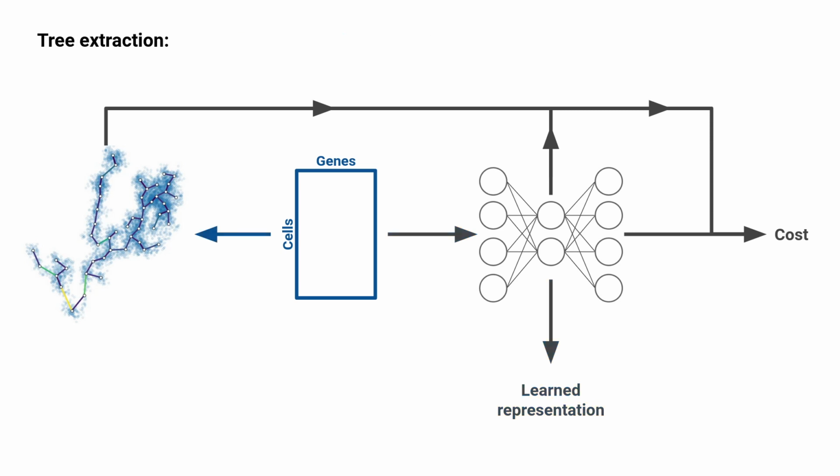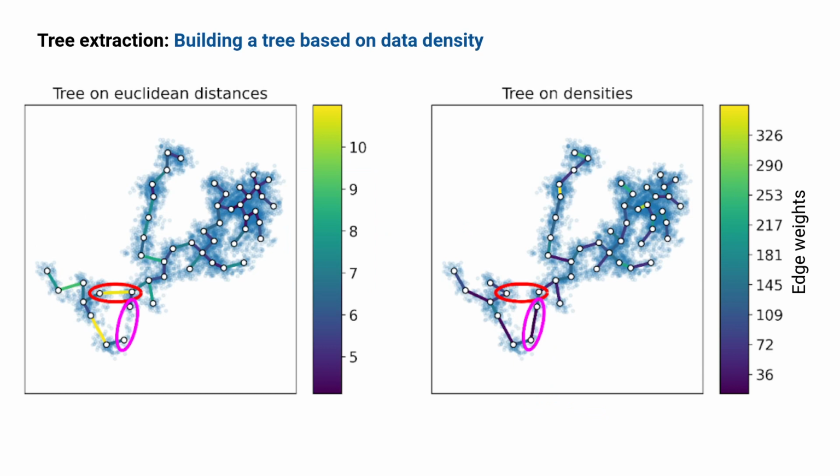Let's take a look at the tree extraction first. First, we need to build a tree based on the data density. There are different ways to build a tree on the data, and a crucial part of dimensionality reduction is to have a prior inherent topology of the data. But a tree built on the point cloud directly would be a bit noisy due to the noise inherent to the data.